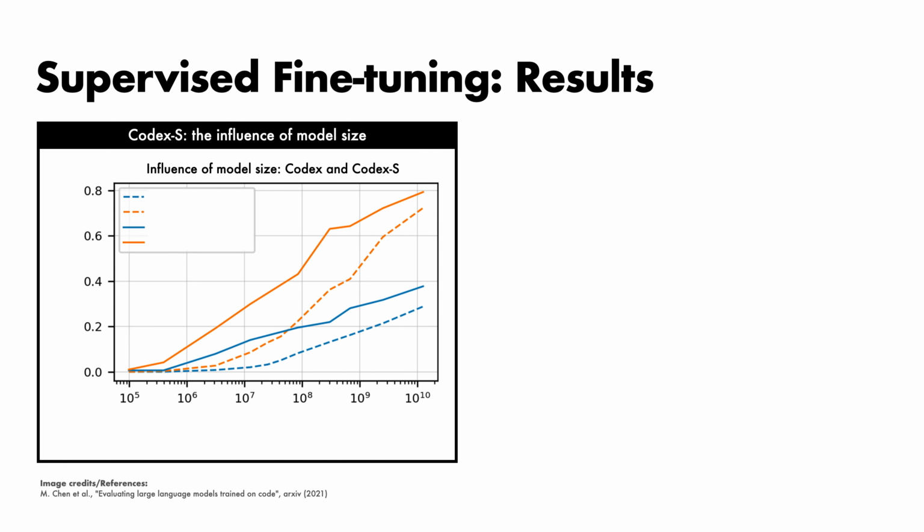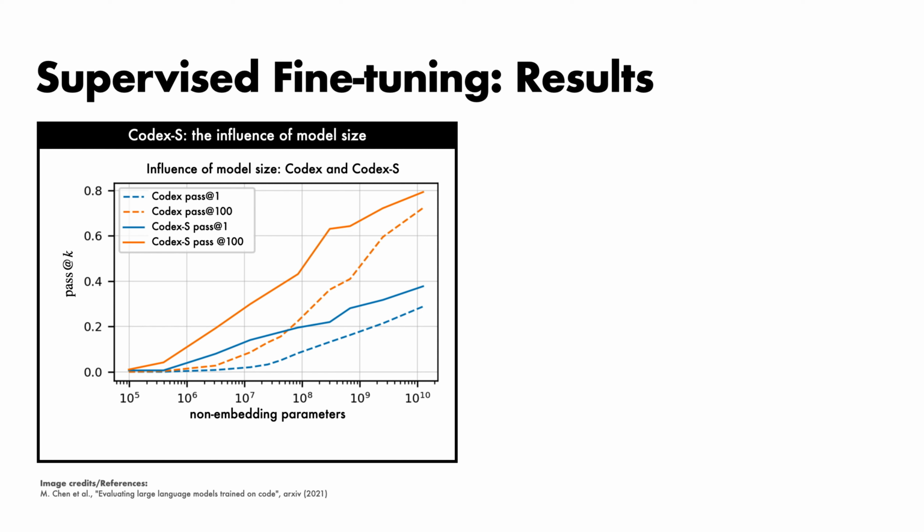For the next experiment, we compare how the performance of Codex and Codex-S varies with model size, with number of non-embedding parameters on the x-axis and pass@k value on the y-axis. The dashed lines denote performance of the original Codex model on pass@1 and pass@100 metrics, while the solid lines depict the corresponding performance of Codex-S under the pass@1 and pass@100 metrics.